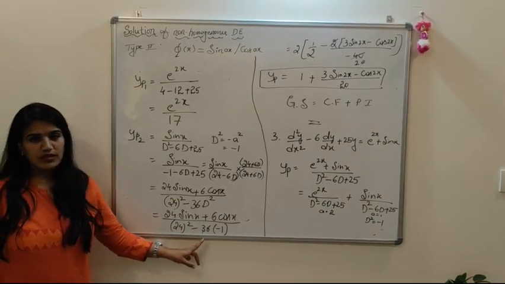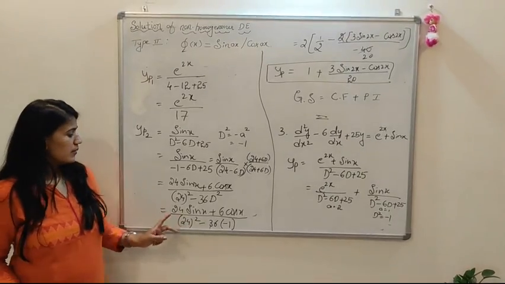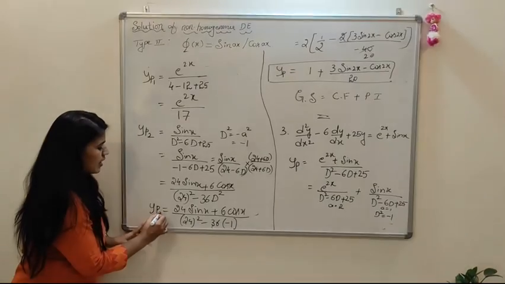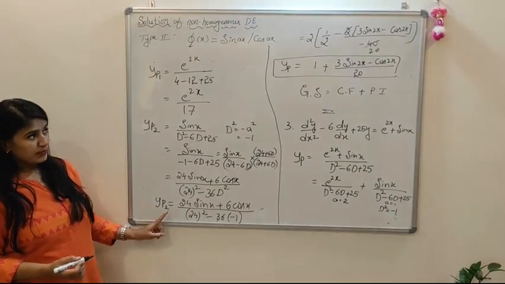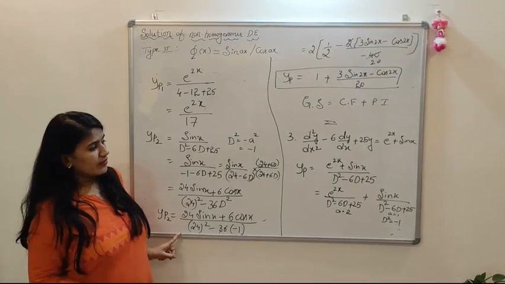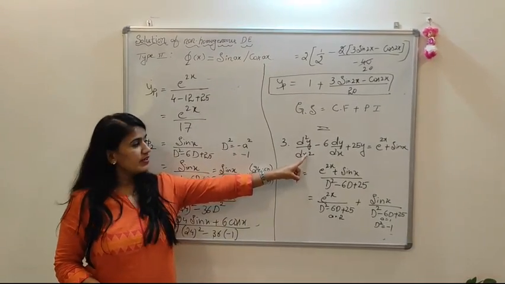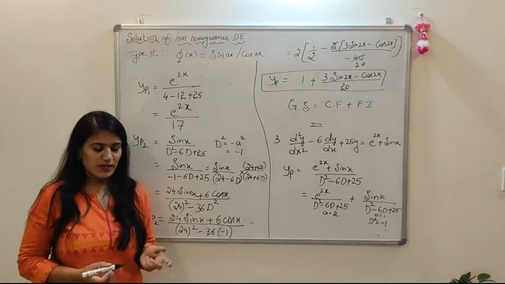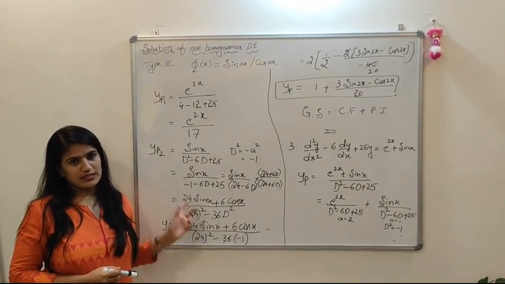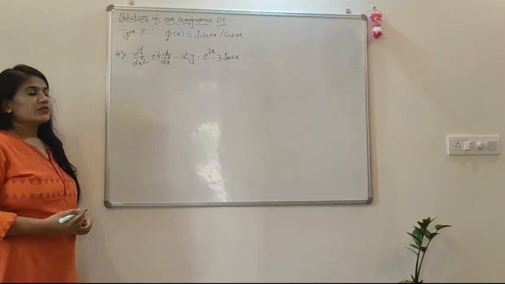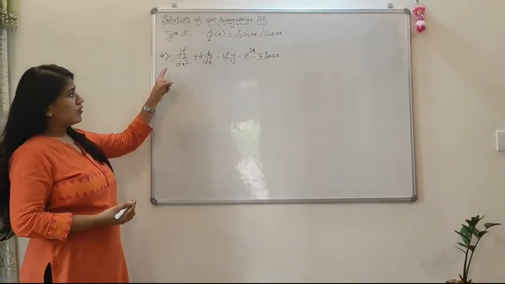So you do the calculation, and you will get yp2. Finally we should add yp1 plus yp2. That is the total particular integral solution, and along with it you have to add the complementary function. Thank you. I hope you understood this. Kindly practice exercise problems.